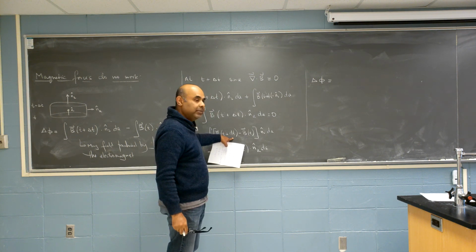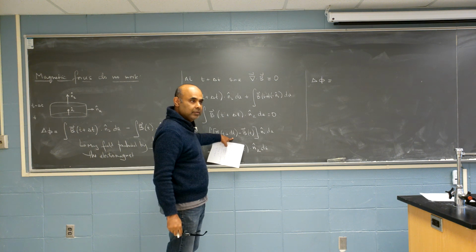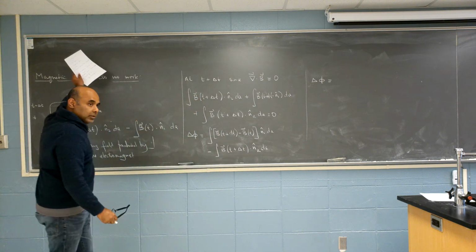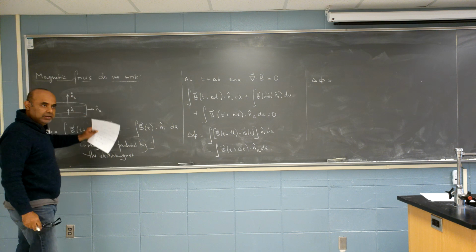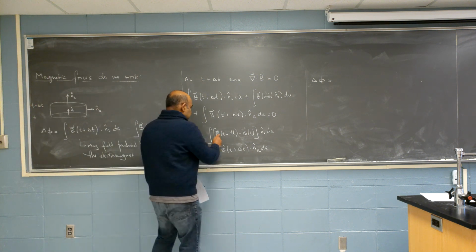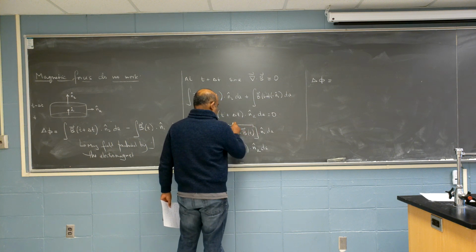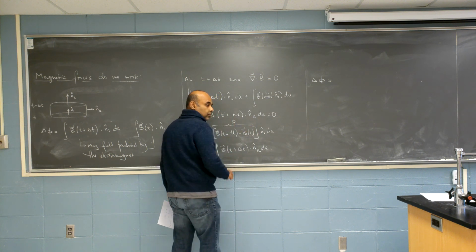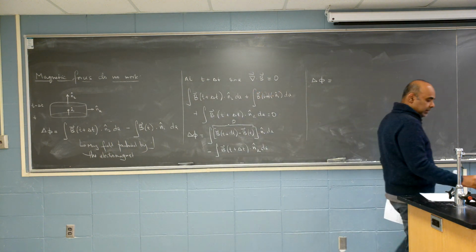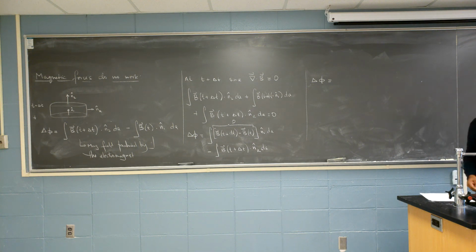Is B time dependent? B is produced by the electromagnet, right? It's not time dependent. So this term goes to zero, and the explanation for that is the electromagnet is not time dependent.